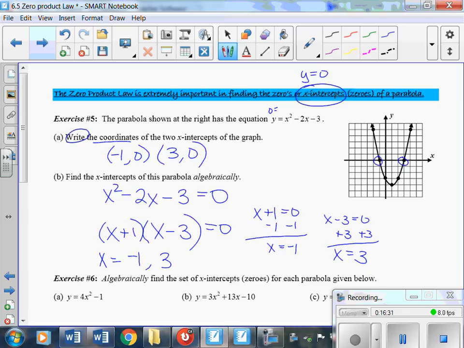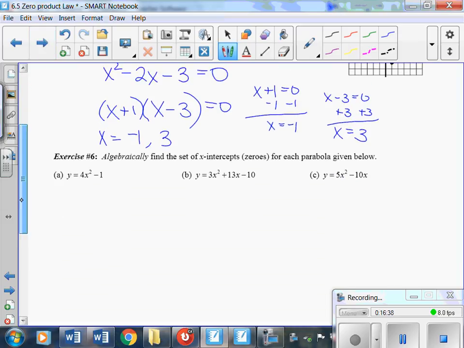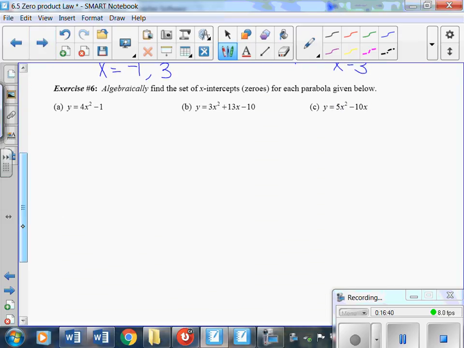Okay, so on number 6, algebraically find the set of x-intercepts for each of the parabolas below. So here we are in exercise 6, which is the last one of our set here. So why don't you pause the video, and I'm just going to put the solutions up here that you can check your work with, okay?